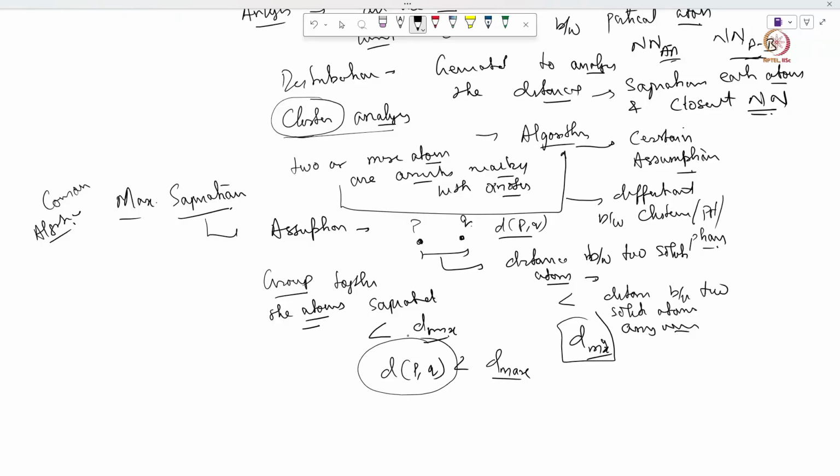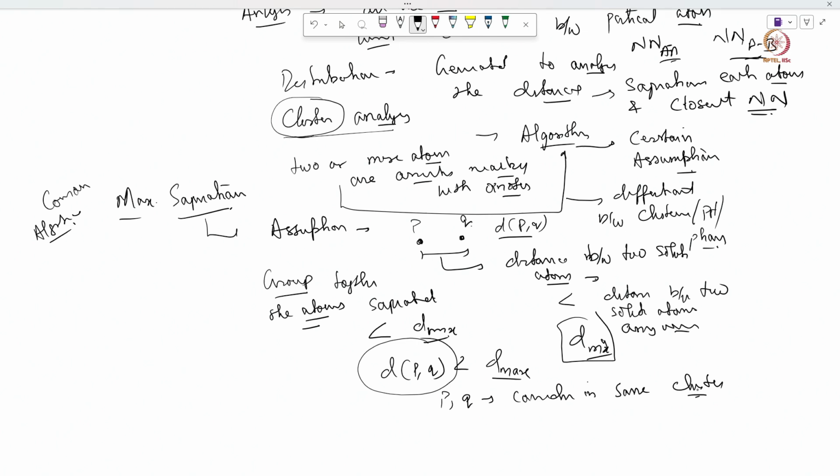These are identified as one cluster. So it means that here P and Q are considered in the same cluster. Okay, so what is the parameter which is controlled in this algorithm?